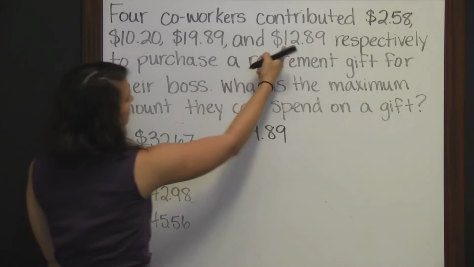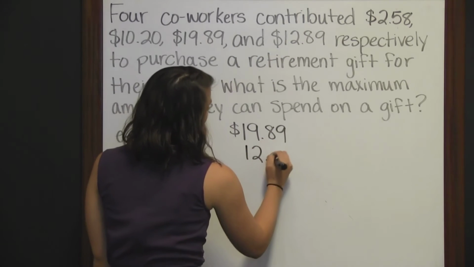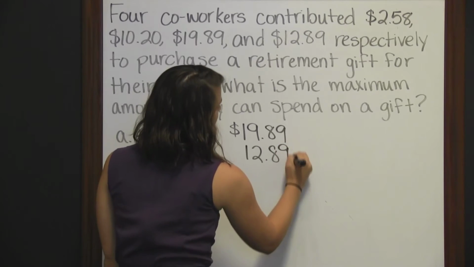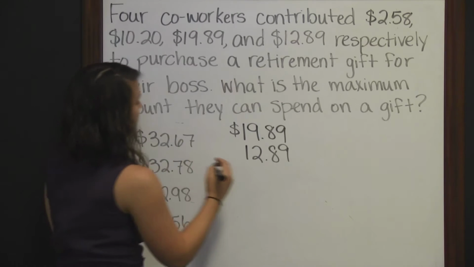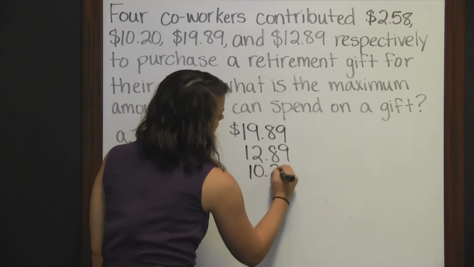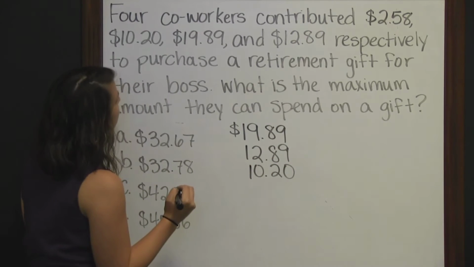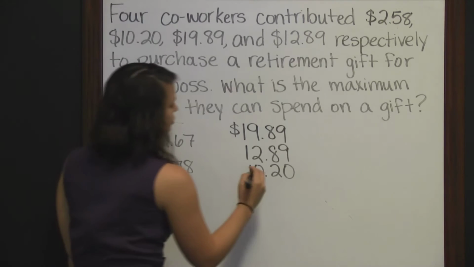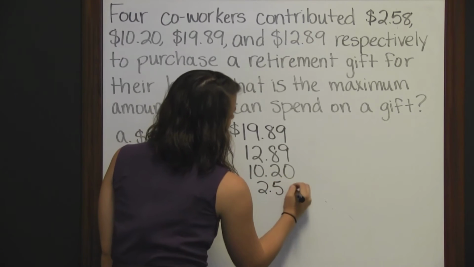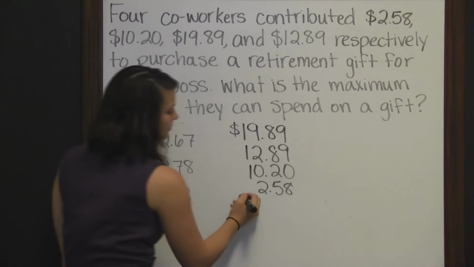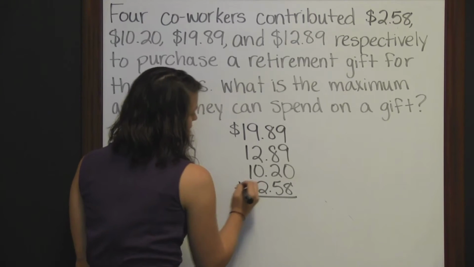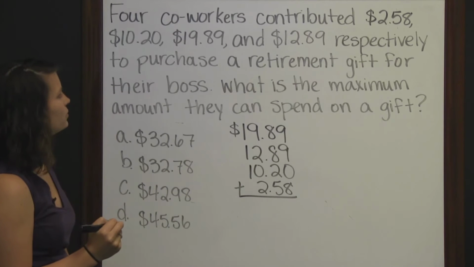And under that, I'm going to put the next biggest, $12.89. And then below that, I'll put $10.20. And then finally, $2.58. And again, we're trying to find a total. So we're just adding those 4 contributions up.